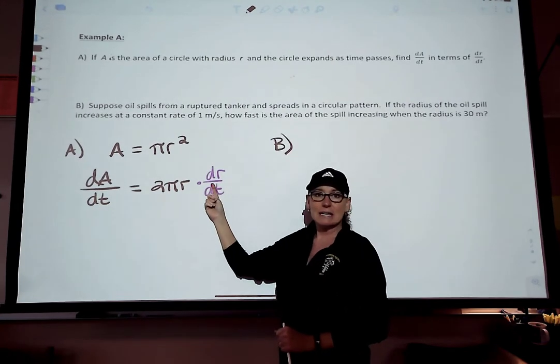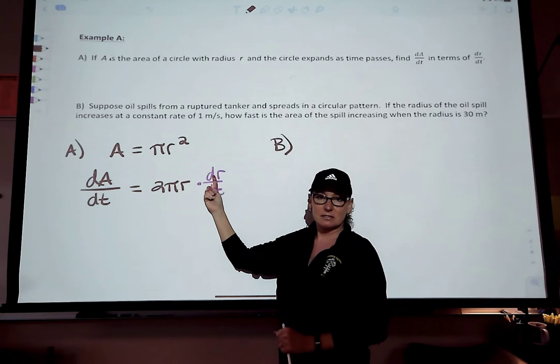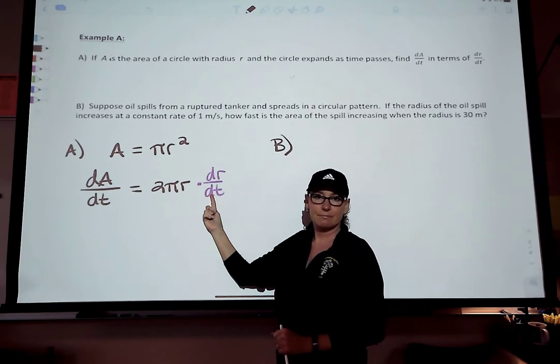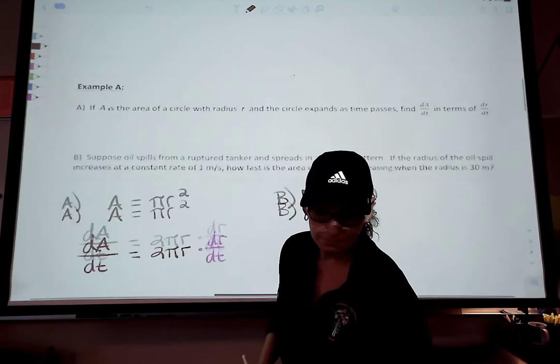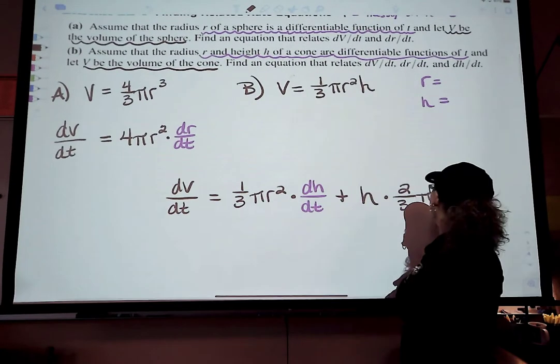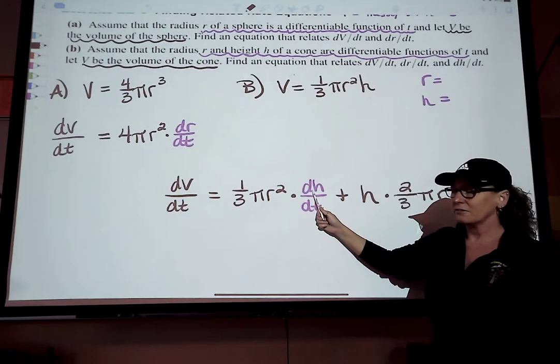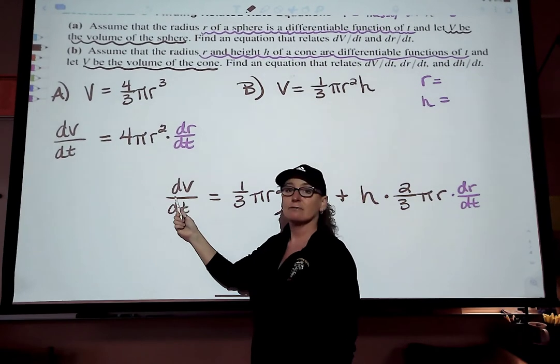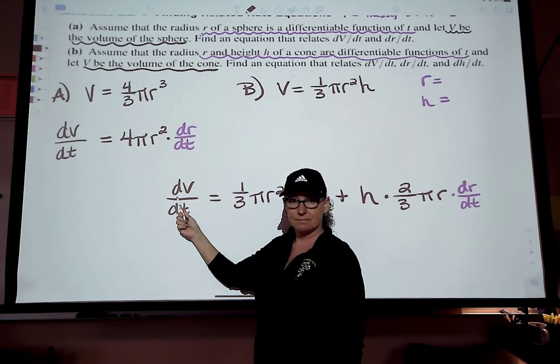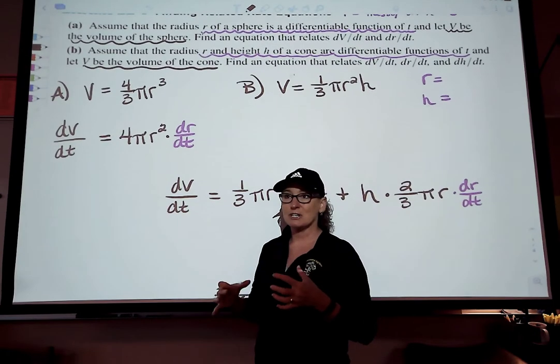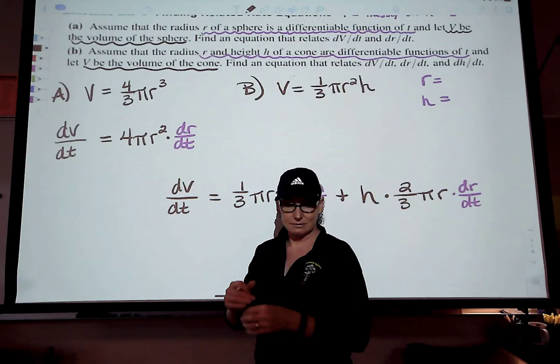This fraction means the rate of change of the radius of the circle with respect to time. The rate of change of the radius of the cone, the rate of change of the height of the cone, the rate of change of the volume of the cone. Each of those fractions represents a rate.